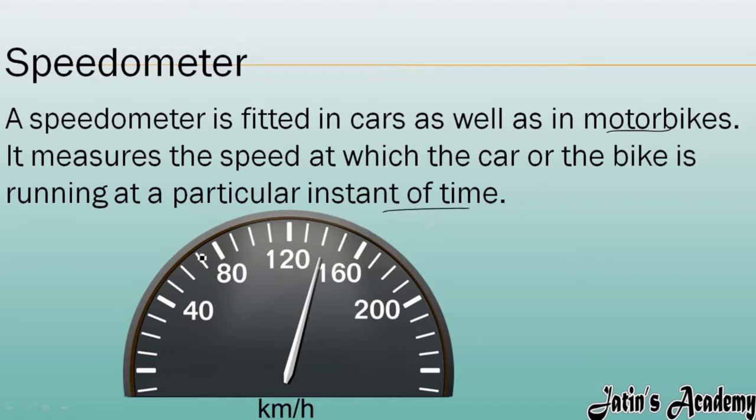For example, I am riding my Activa and I want to see at what speed I am going. So in order to check, I will see the speedometer. So speedometer will give me the reading of the speed at which my Activa is going. Fine.